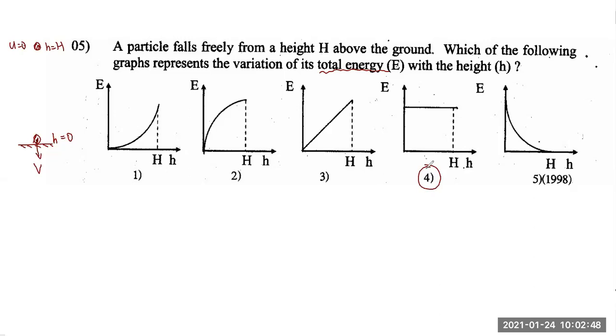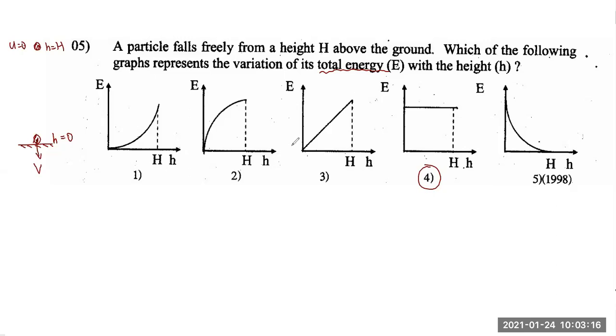But if air resistance is involved, then the total energy should reduce as you go down. But I don't think we have to worry that much here, because they have not mentioned anything about it. Particle falls freely, and we can assume that the total energy will not change. But be mindful, if there is air resistance, then there can be a change in total energy.